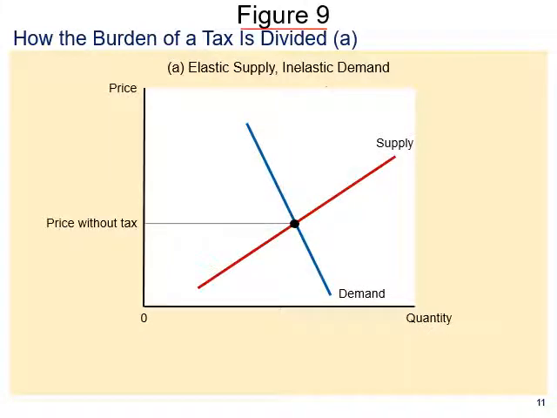Figure 9 deals with how the burden of a tax is divided between seller and buyer. Panel A talks about elastic supply and inelastic demand. Let's begin with the initial equilibrium of the market, where the supply curve and demand curve cross at this point, and the equilibrium price is this price, the price without tax.